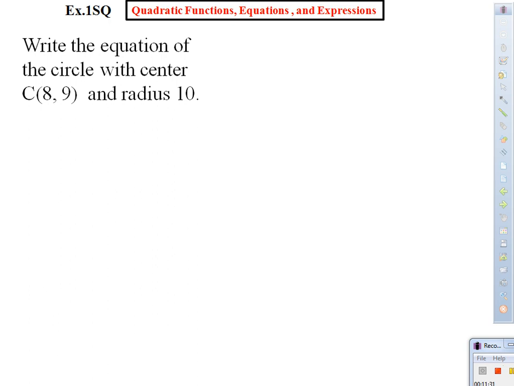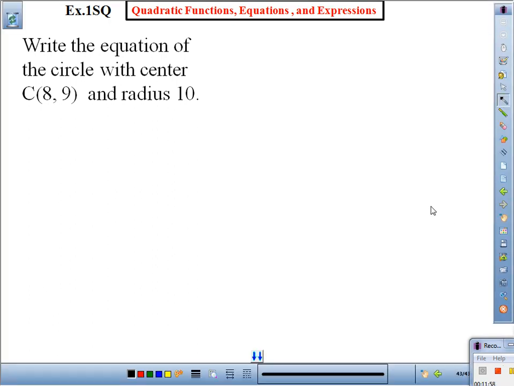You should have the equation. Okay, let's see.